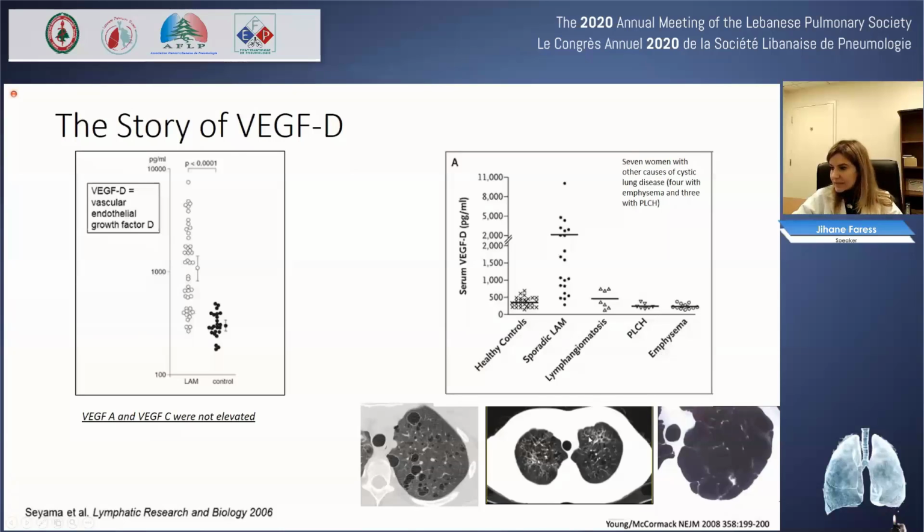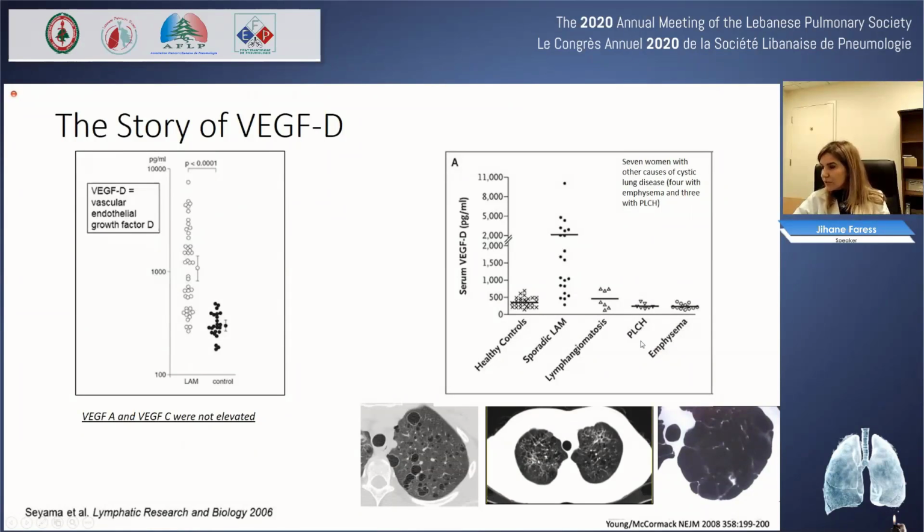For example, in this slide, I put a picture of cystic lung disease in LAM. This is a PLCH. The cysts will be more bizarrely shaped. Or a picture of emphysema. When they compared these findings, they found that cystic LAM has a much higher VEGF-D level compared not only to healthy control, but also to other cystic lung disease.